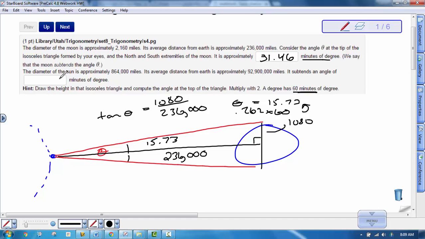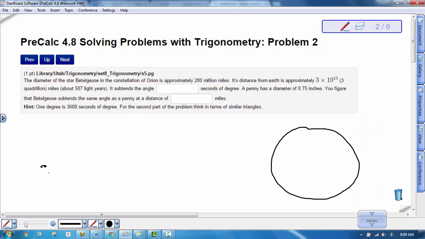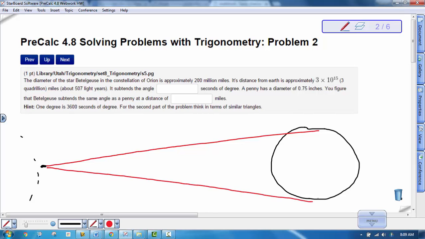Just do the same thing for the sun, the next one. And actually the next problem is similar as well. You have this big star with a diameter of 200 million miles, which is huge, and we're looking at this thing from a long way away on Earth. So we're going to set up the same picture, and do the same exact thing, where this is now 3 times 10 to the 15th miles.